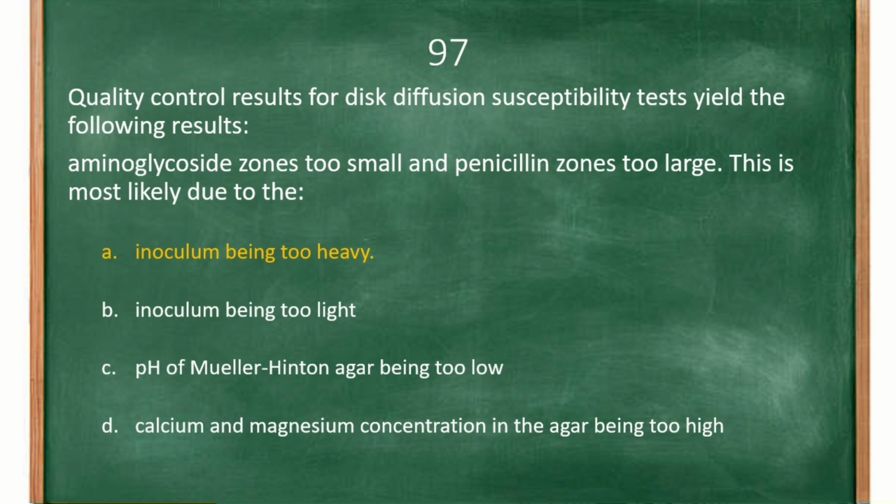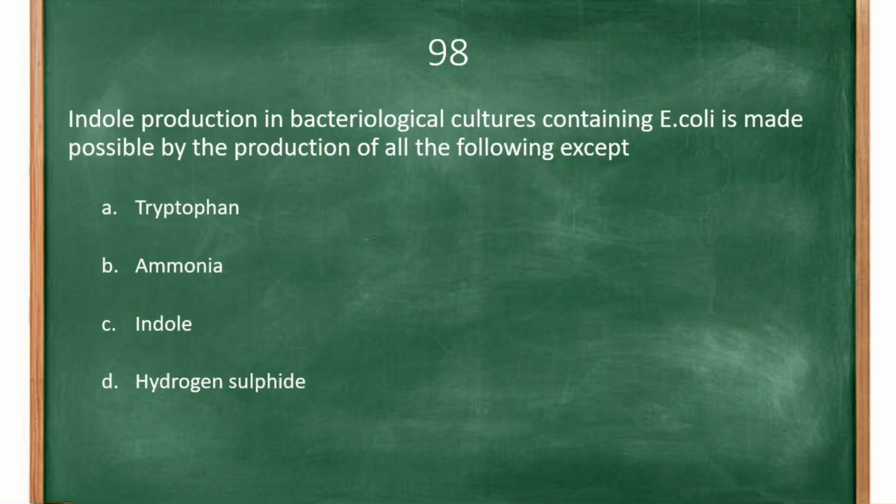Then calcium and magnesium concentration in the agar being too high, that's option D. A high level of calcium and magnesium in the agar can affect the activity of certain antibiotics, particularly the aminoglycosides. However, this typically affects the results more broadly rather than producing this particular pattern described. So our answer here is A, inoculum being too heavy.